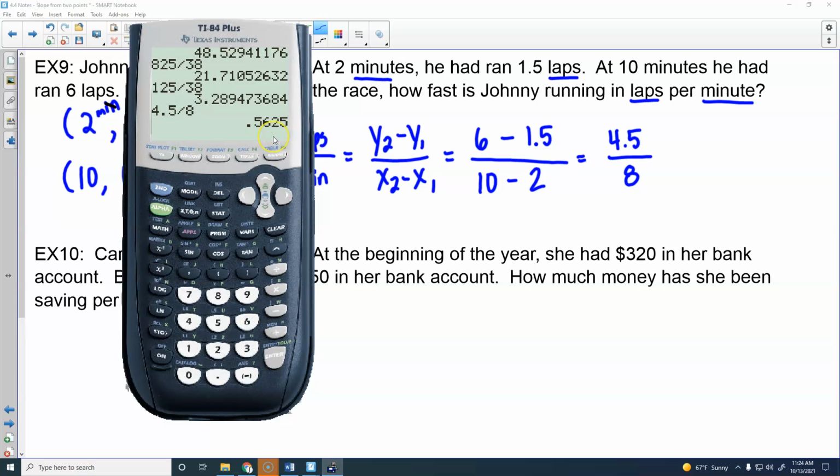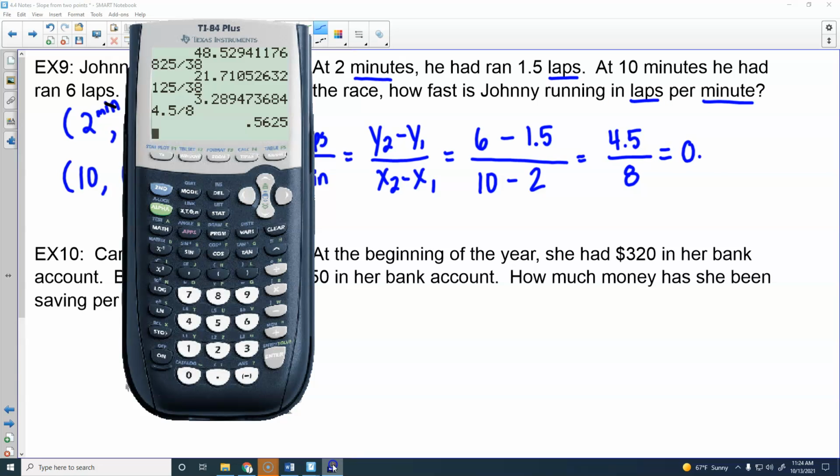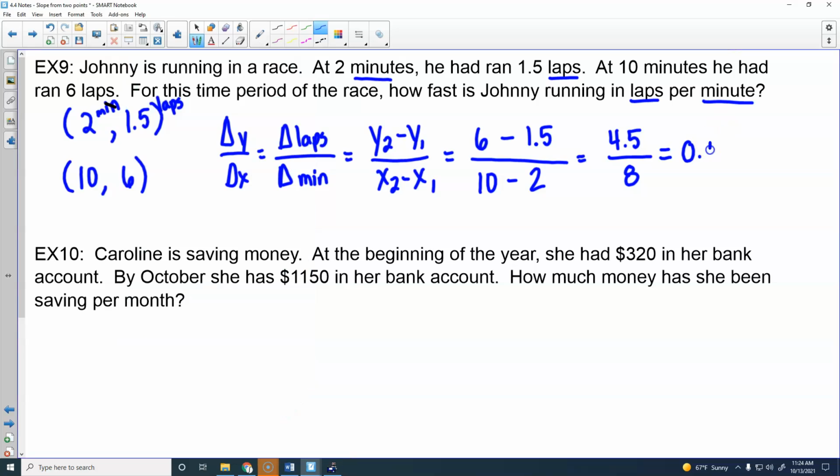And so I'm going to go with a decimal here because what we want is to know how fast in laps per minute. So 0.5625. Try to keep at least 3 decimal places for me. If you keep more decimal places, that's always okay. Just don't keep less than 3 unless I tell you otherwise.